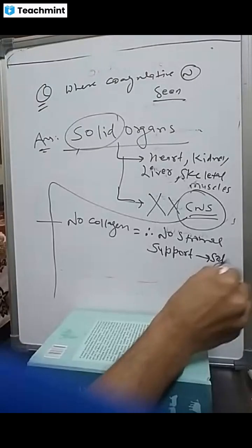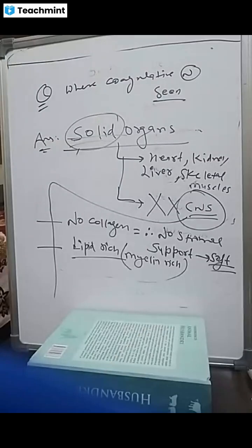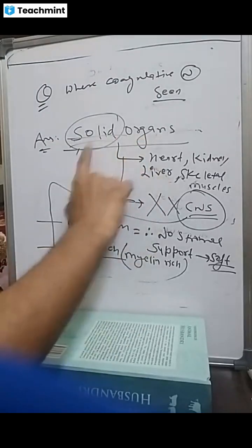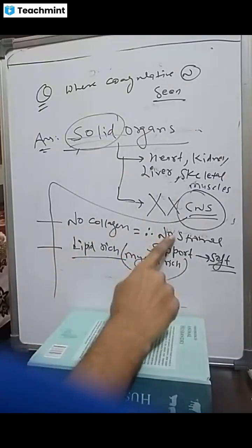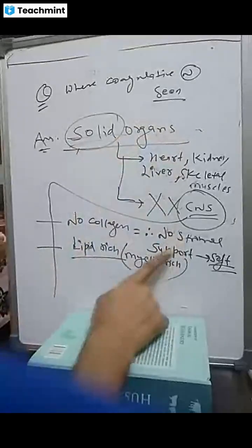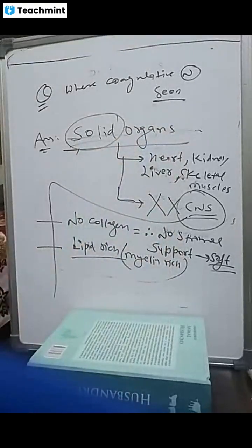Second, it is lipid rich, myelin rich. So the CNS is not a solid organ, while these organs are called solid organs because of collagen stromal support.